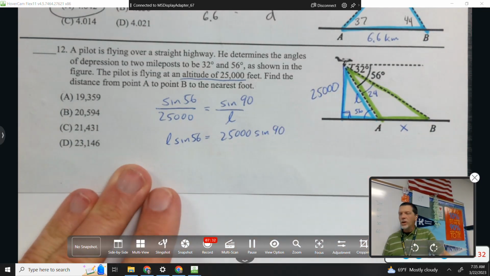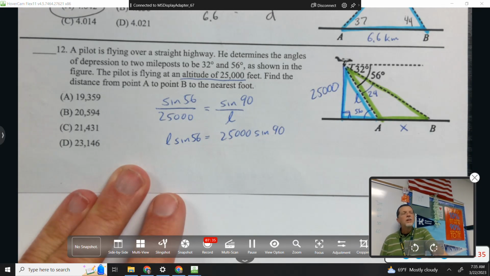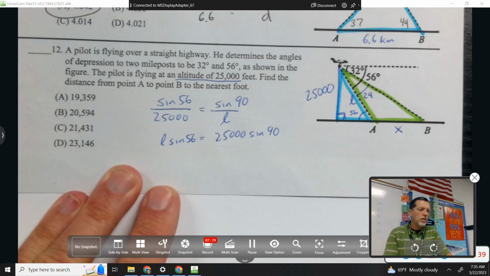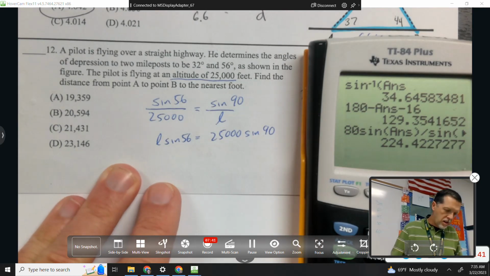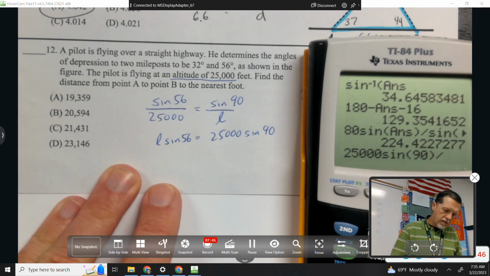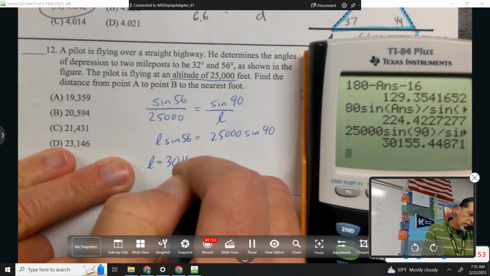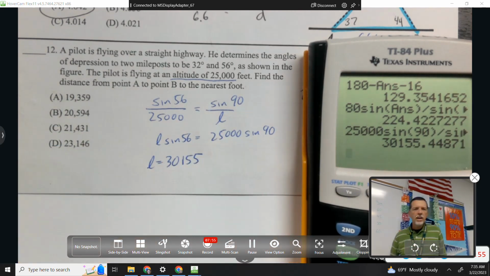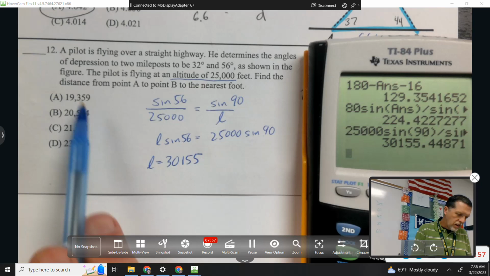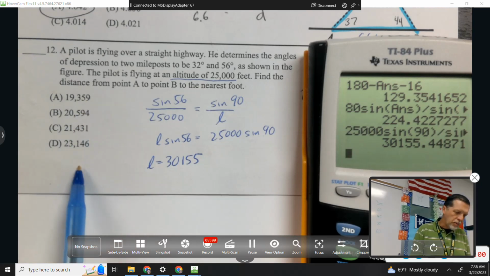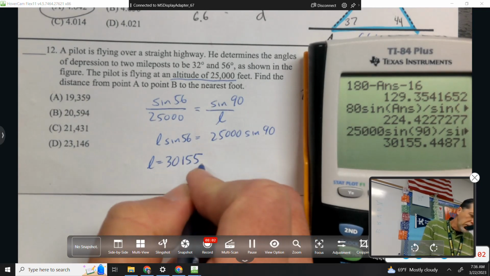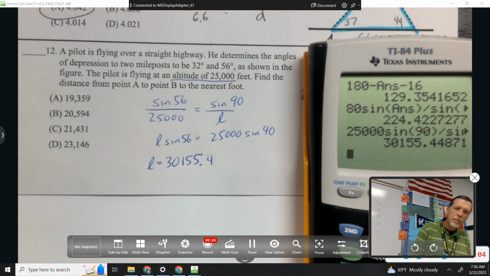By the way, SOHCAHTOA still works on this because it's a right triangle, but if your brain is used to using law of sines, just keep using law of sines. So L, 30,155. And again, with the decimals, all my answers are like 1,000 apart, so it's probably not too important how many decimals I carry.